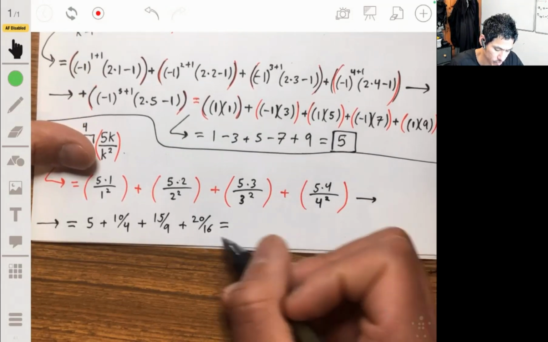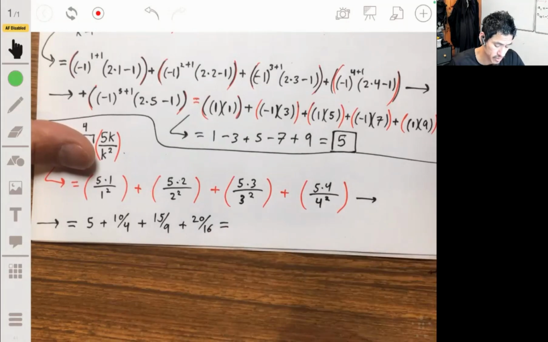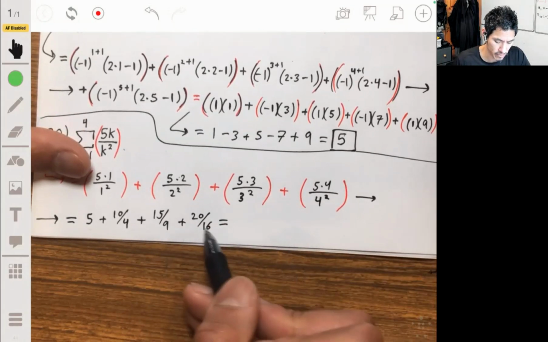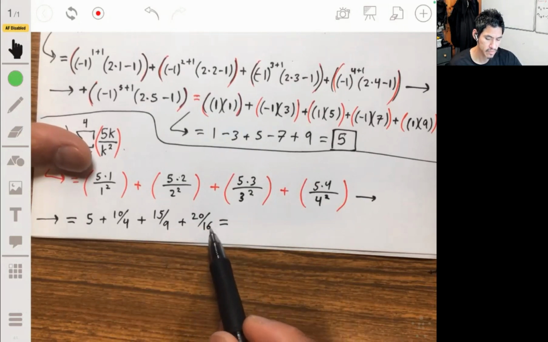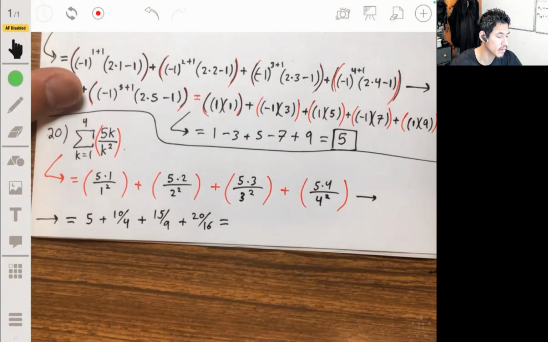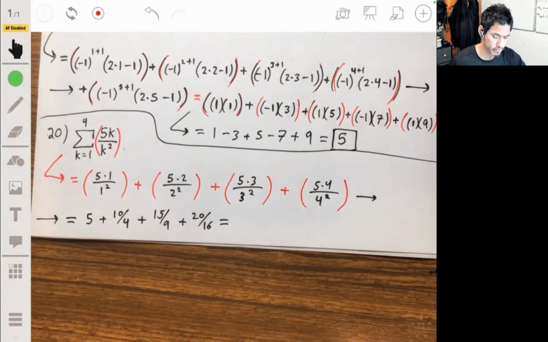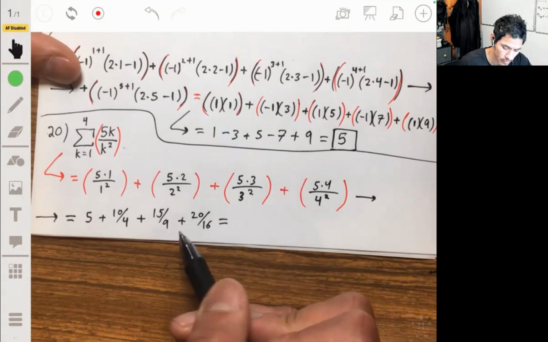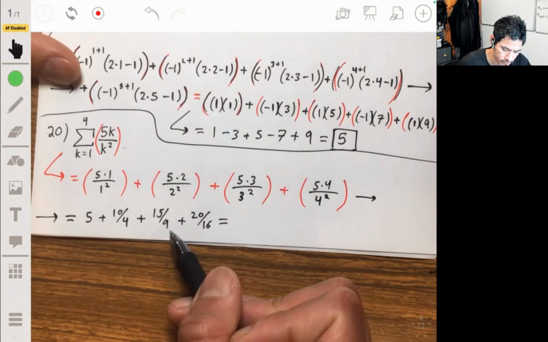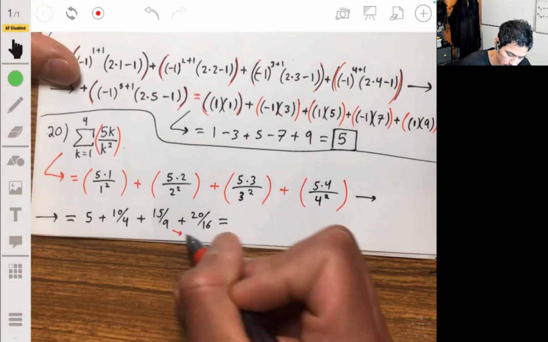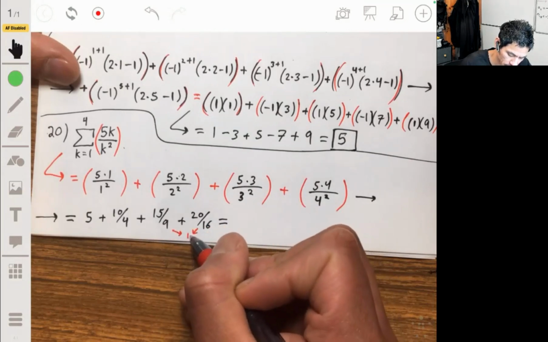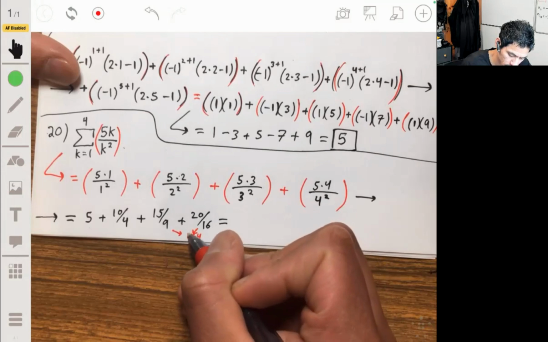And then we need a term that they could all go into. Remember, you could find them all over the smallest common multiple of 16 and 9. You can always multiply them together, and you'll see that they both go into 144.